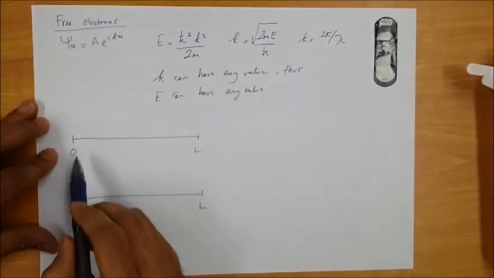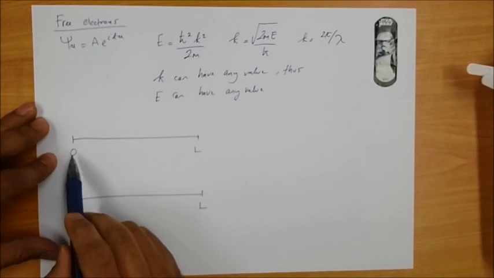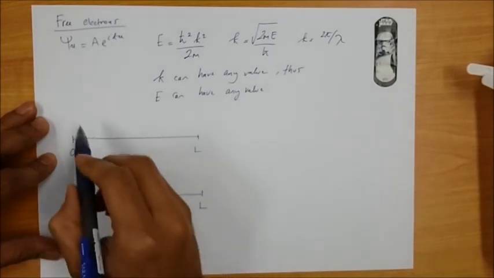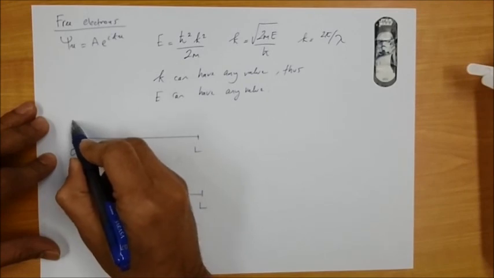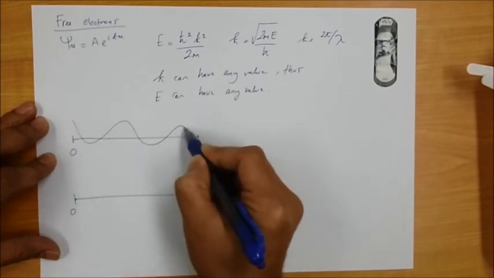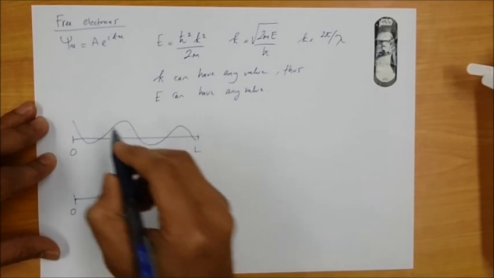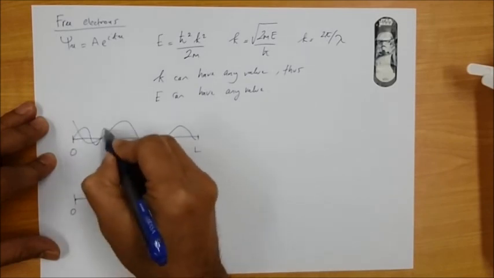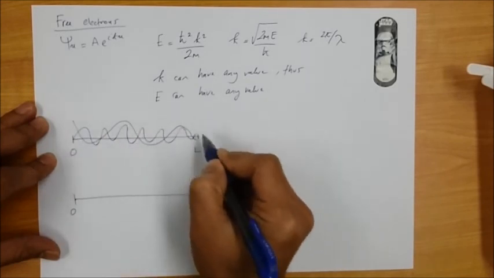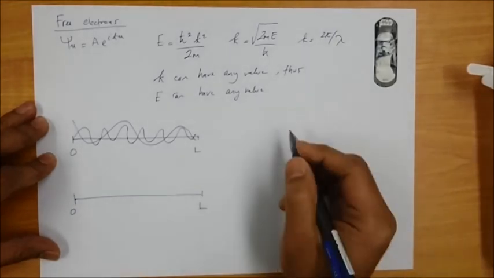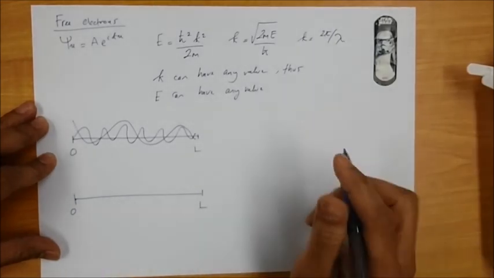So if we try to sketch it, a free electron moving from 0 to L can have this wavelength, or it can have a faster wavelength. Okay, my drawing is terrible, but you get the point, right?